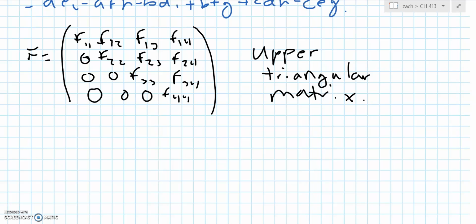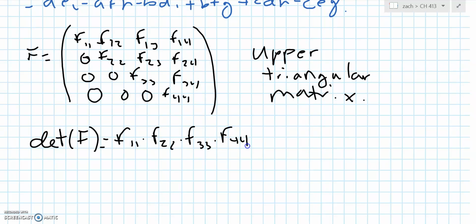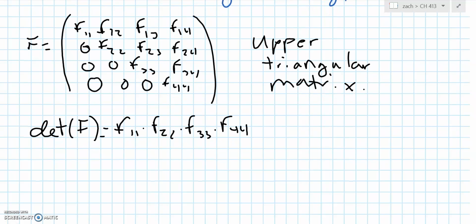So the determinant of F, for example, would just be F11 times F22 times F33 times F44. So if this matrix was a lower triangular matrix, which means all the values to the upper right of the diagonal would be 0, the determinant would also be the same thing, multiplying all the elements on the diagonal.